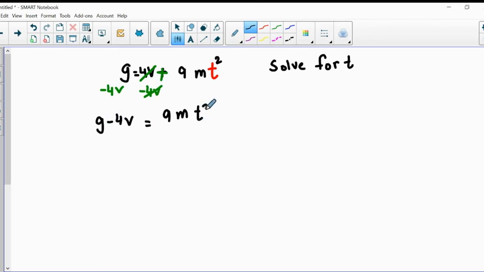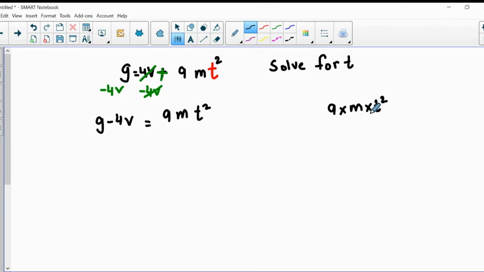9mt square. So now I want to get rid of 9 and m, and I will get rid of square last because it's still more close to 9m. So 9mt square means 9 times m times t square. So all the quantities are being multiplied and I want to get rid of them.